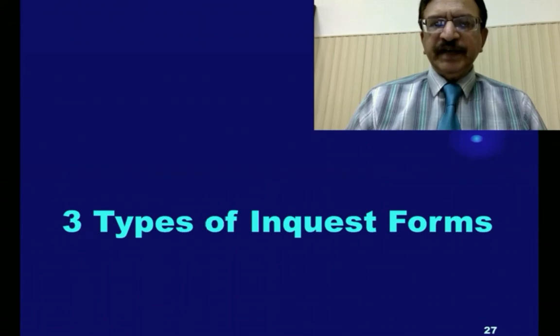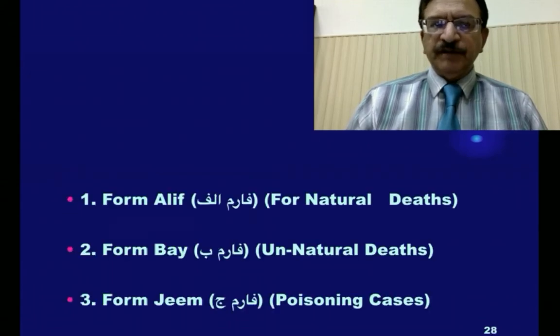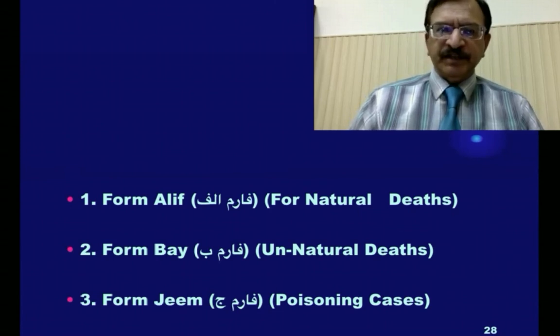Now, there are three types of inquest forms: Form Alif in natural deaths, Form B in unnatural deaths, and Form G in poisoning cases. So these are the inquest reports which are issued by the police in various circumstances in Pakistan.